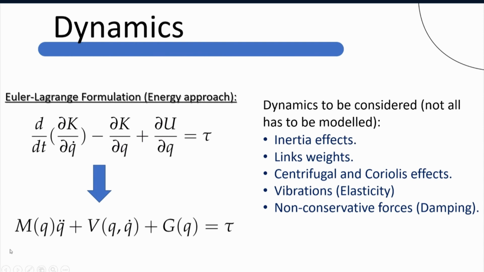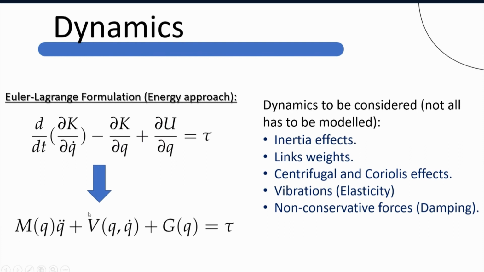This is the formula that we can reach either by Euler-Lagrange formulation or by Newton formulation. It has mainly three parts. The first term deals with the inertia effects of the links, and it is a function of the joint angles, because at different joint angles we have different configurations, and consequently different inertia effects for the robot.